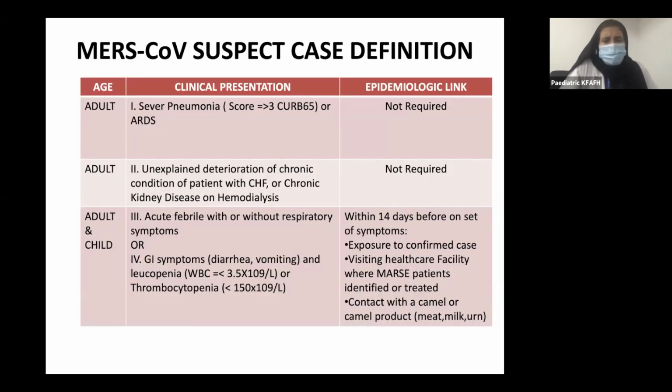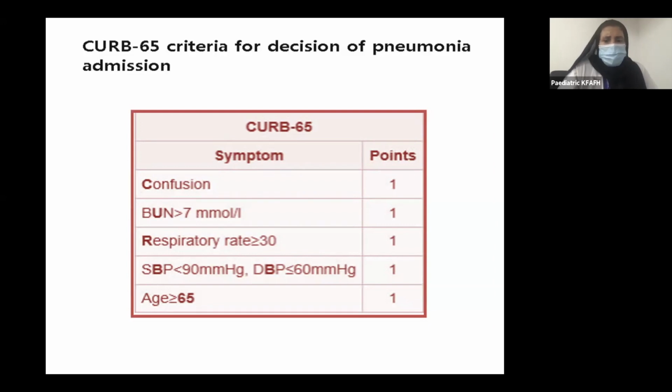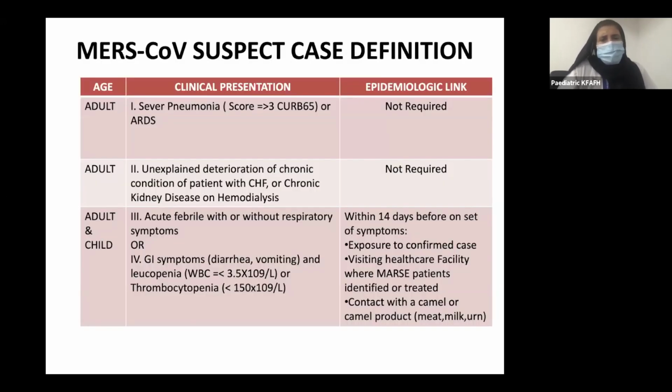So this is what was covered by Dr. Ru'a about the case definition, whether in adults or in children. And I just need to emphasize the MERS-CoV. The difference is that there is contact with camels.